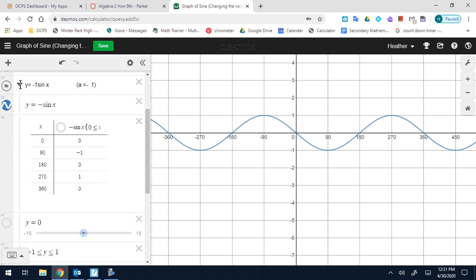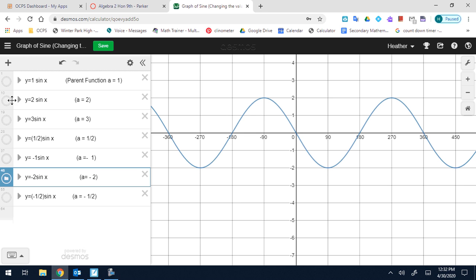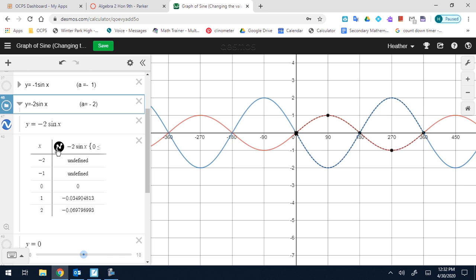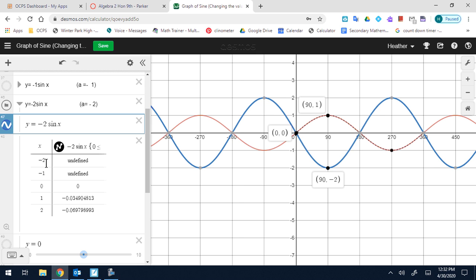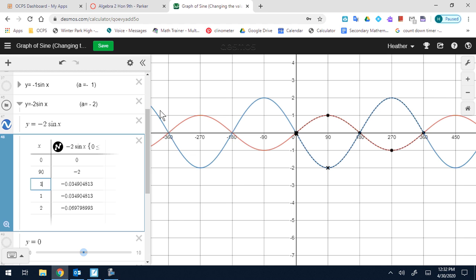So when your a is -1, that's a reflection. So if your a is -2, you've got the negative, so it's going to reflect, and you've got the 2, so it's going to stretch. Again, comparing that to our sine, there's (0, 0). I'm just doing my quadrantal angles: 0, 90, 180.